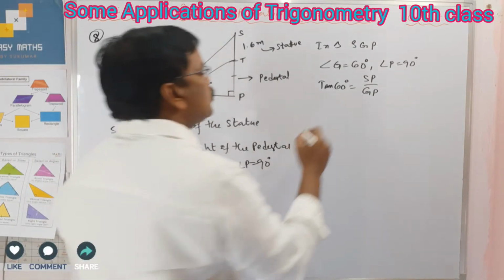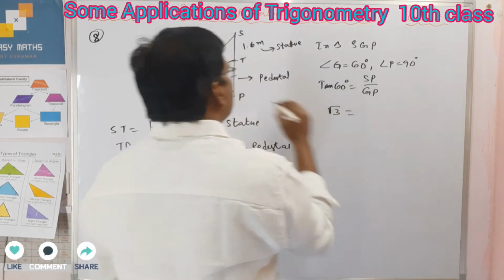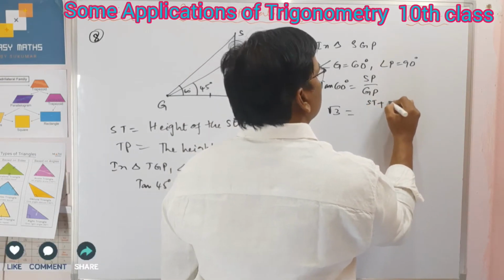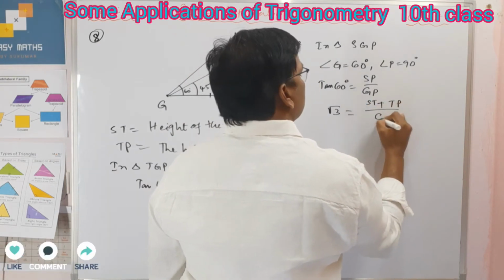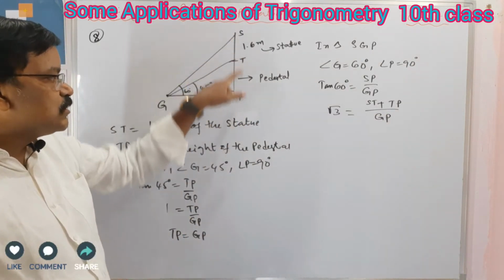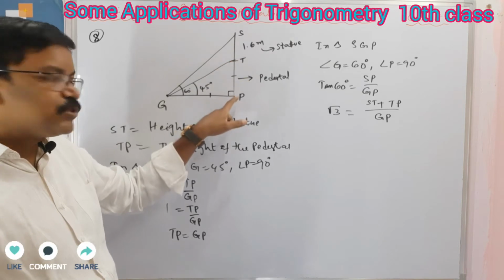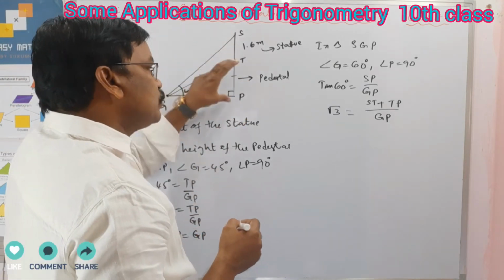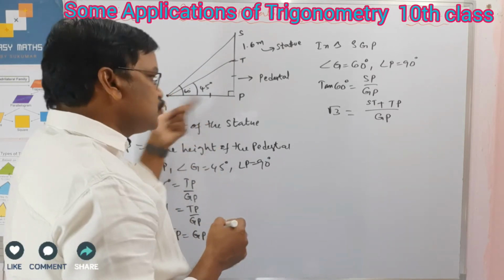Tan 60 is root 3, so root 3 is equal to SP by GP, which can be written as ST plus TP by GP. This SP is equal to ST plus TP: the height of the statue plus the height of the pedestal, divided by GP.